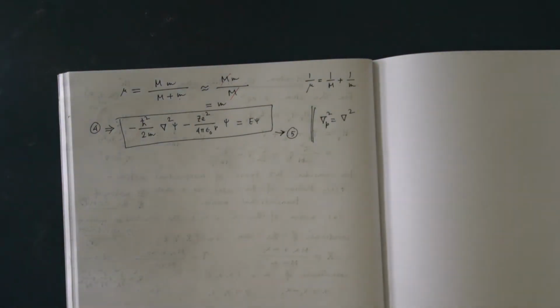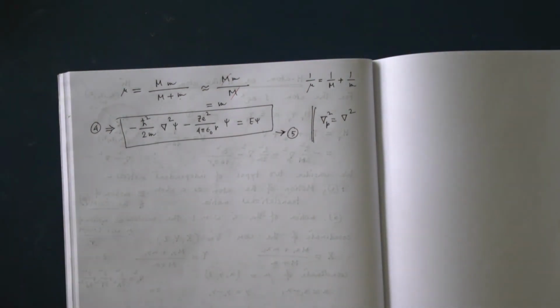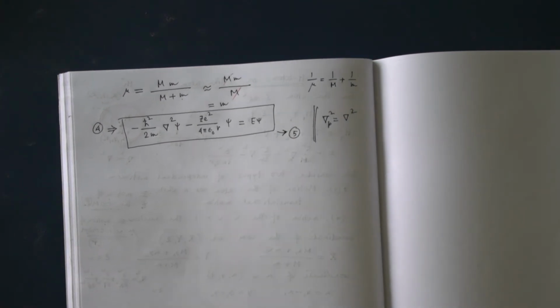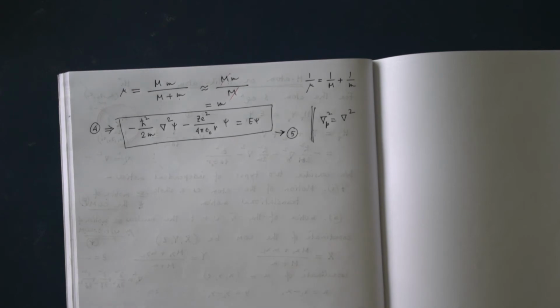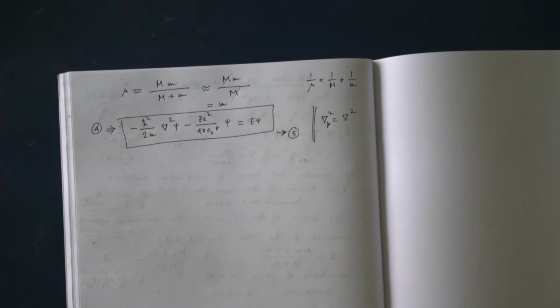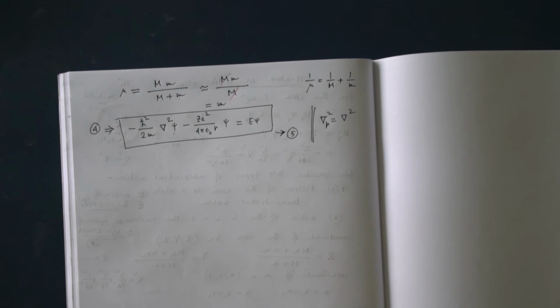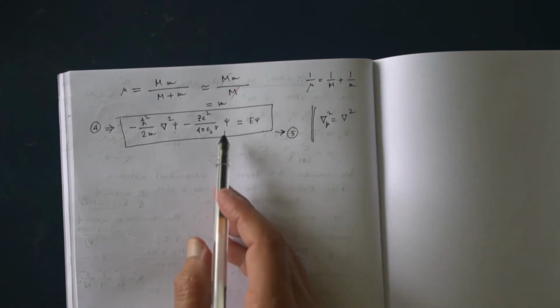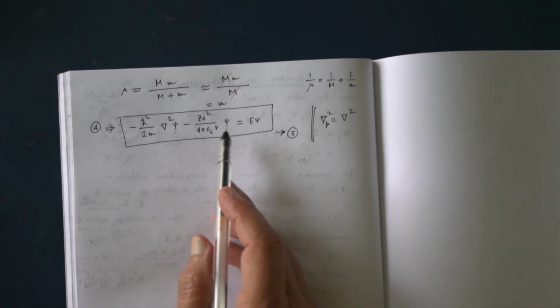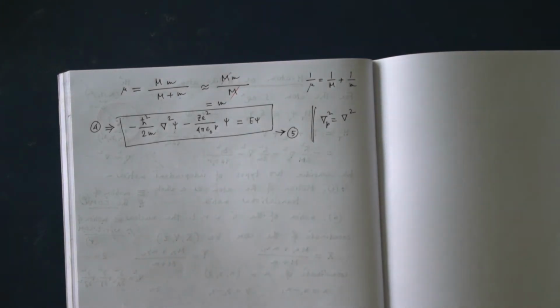So now we have to solve equation 5. We are not going to consider the equation for the center of mass, because that represents translational motion only. But this will give us new information, so we will consider this.